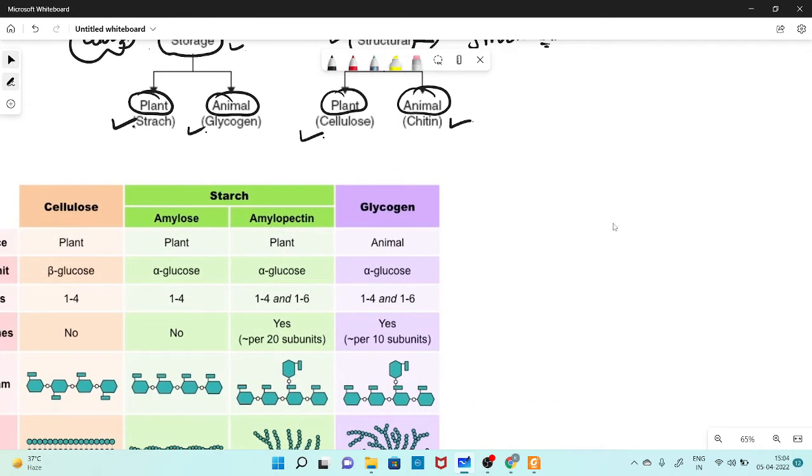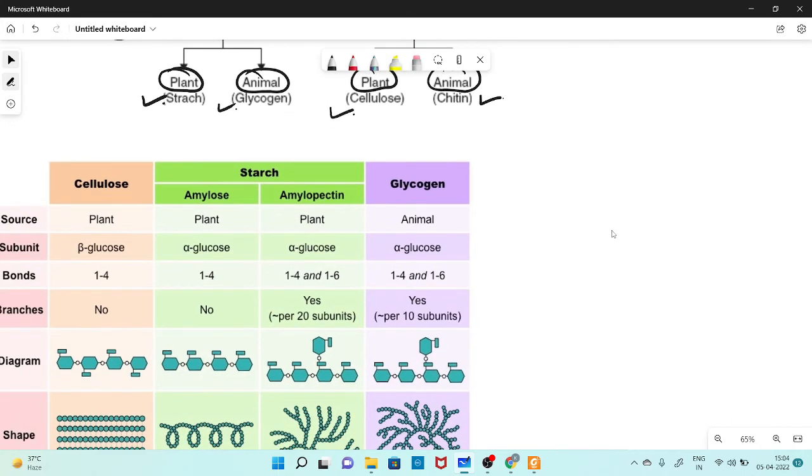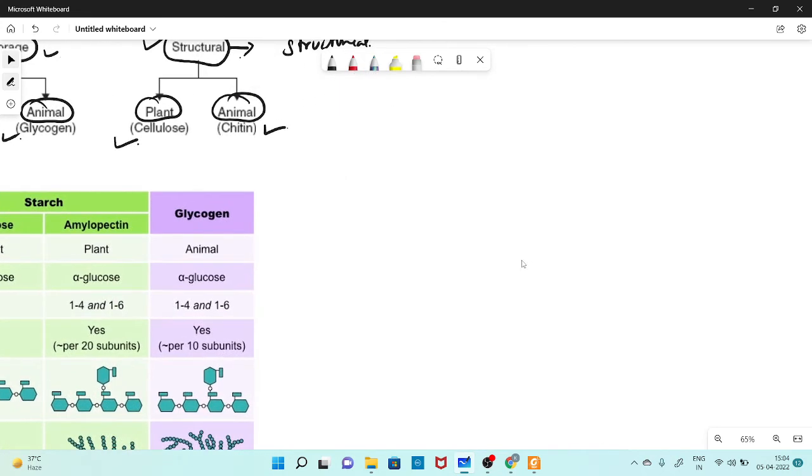Right, so first of all starch, which is a homopolymer. In this case you also need to remember their features, whether they are homopolymers or heteropolymers. We are discussing starch here.